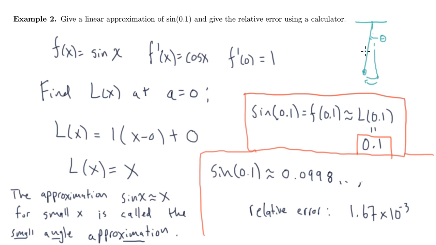That's an example of when you'd use this approximation: when the oscillations of a pendulum are relatively small compared to its length.